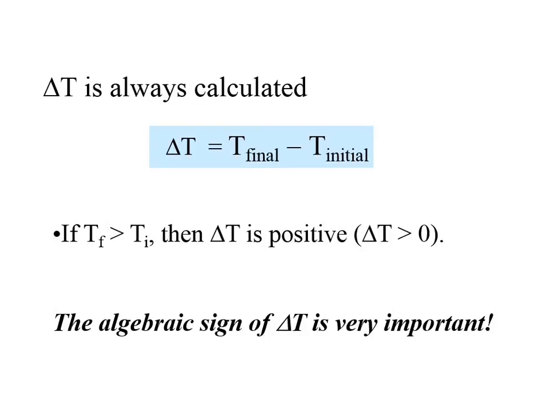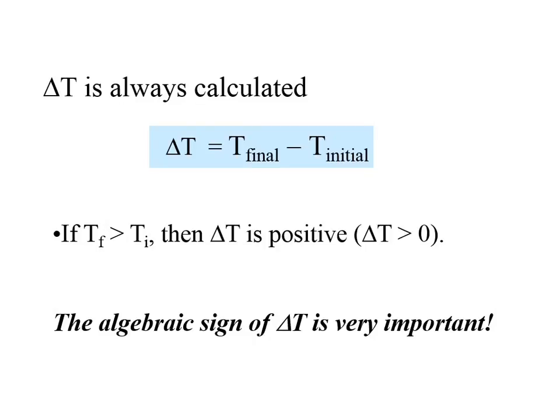So in that case, where we were zapping it, we got a positive delta T. We're also going to look at when objects are cooling down. In that case, your final temperature is less than your initial temperature. So can you see where you're going to have a negative delta T?